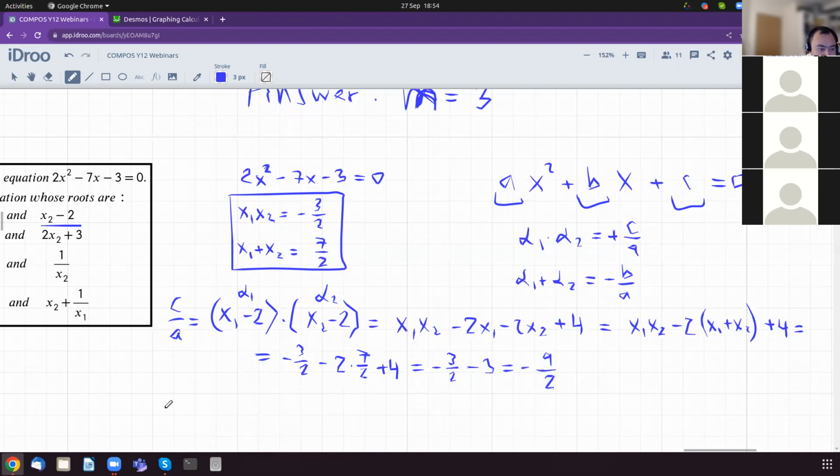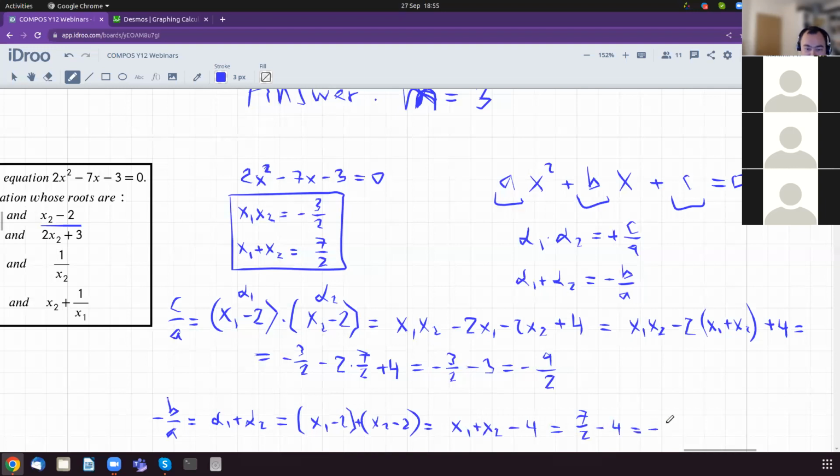Minus 9 over 2. Now, minus B over A, the second bit, is alpha 1 plus alpha 2, so the roots. So there's going to be x1 minus 2 plus x2 minus 2, and this is going to be x1 plus x2 minus 4. So x1 plus x2 is 7 over 2, 7 over 2 minus 4, and that's minus a half.